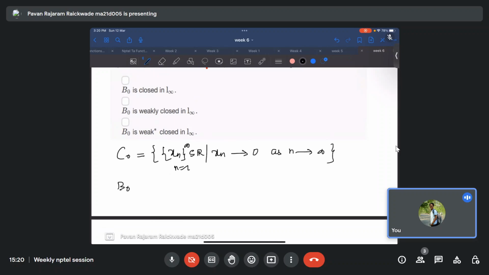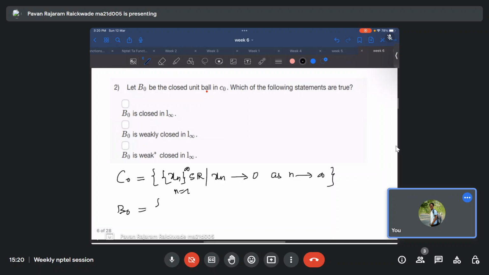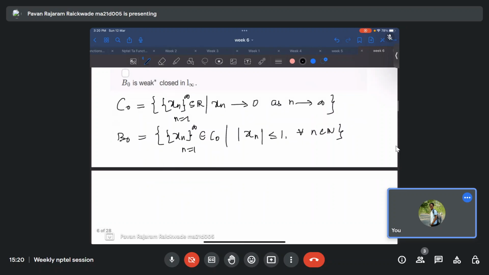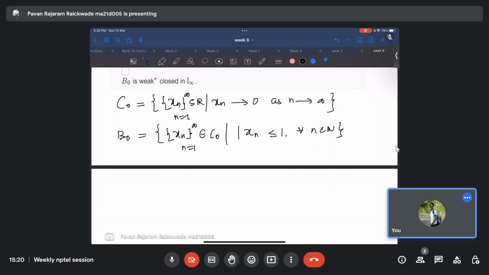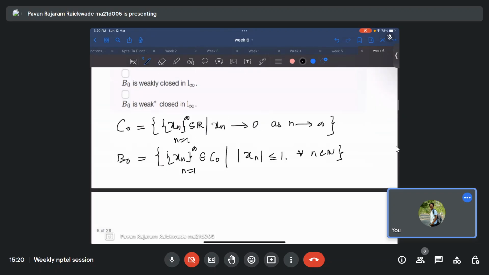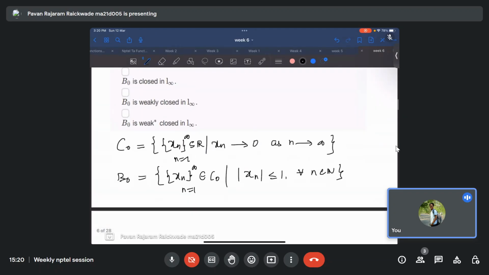If you consider B naught as the closed unit ball, that is, x_n belongs to c naught such that modulus of x_n is less than or equal to 1 for all n. So we have to prove that B naught is closed in L infinity.